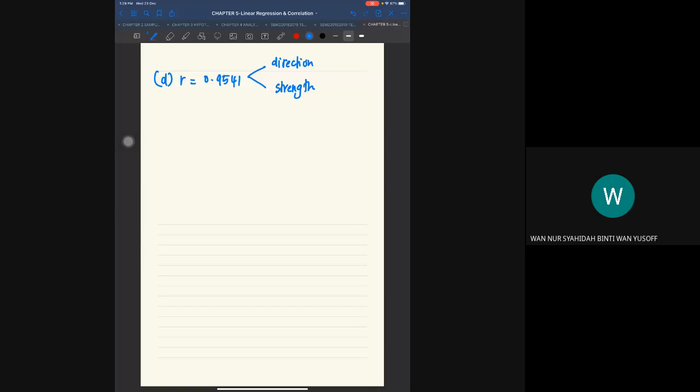What is the direction here, based on the R value? Anyone? Direction. Positive linear correlation. Positive. The strength?